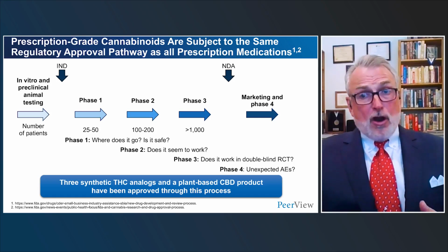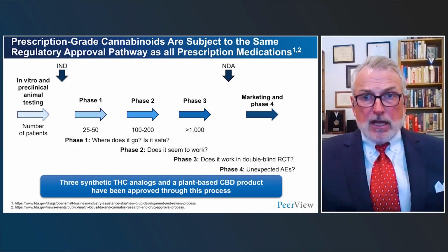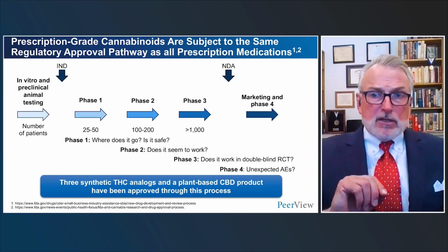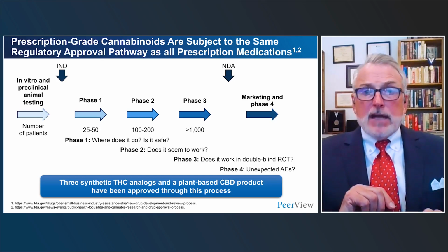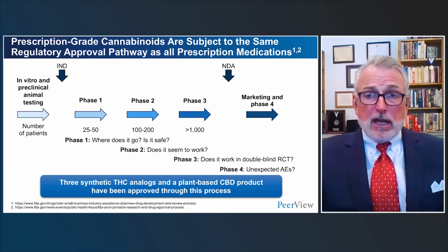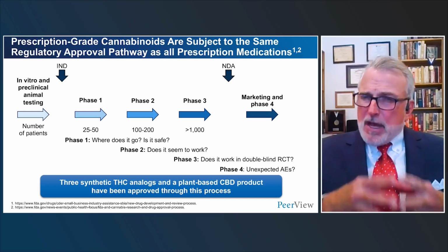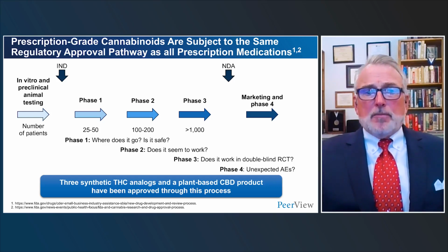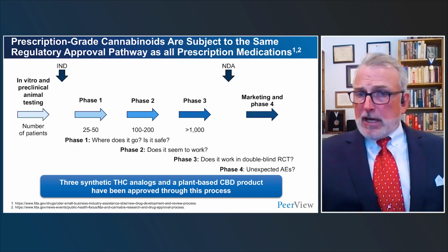And then in phase 3, there are thousands of patients engaged in a double-blind placebo-controlled trial where some get the drug, some do not, and neither the patient nor the administering doctor know which one they're getting. And that gives us our best evidence. And in the face of that evidence, the company can apply for a new drug application.